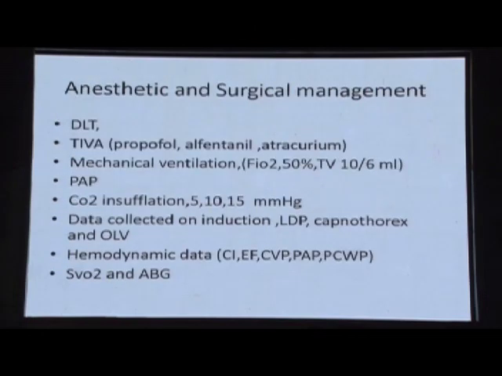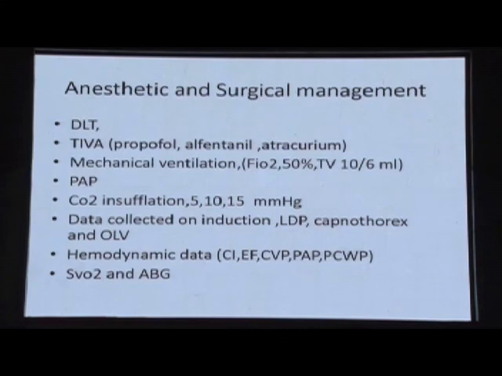Anesthetic and surgical management was pretty much the same in all the patients: DLT, TIVA, mechanical ventilation with FiO2 50%. The tidal volume varied anywhere from 10 cc to 6 cc's per kilo. Pulmonary artery pressure was used. CO2 insufflation was done in stages of 5, 10, and 15 millimeters of mercury.